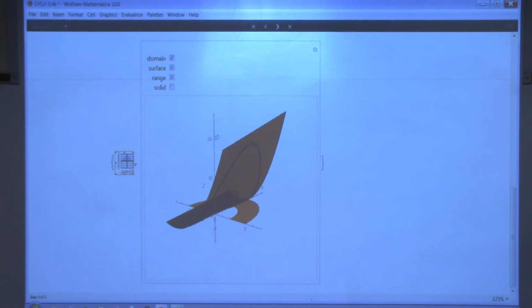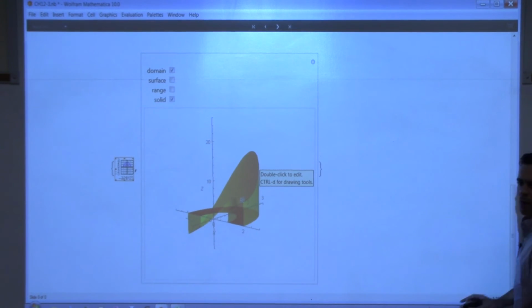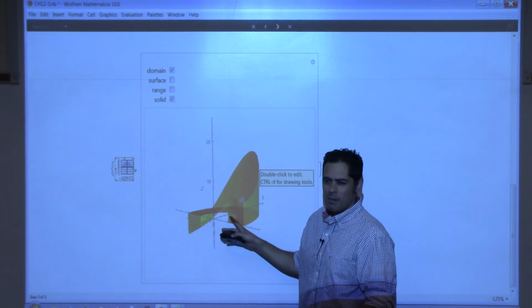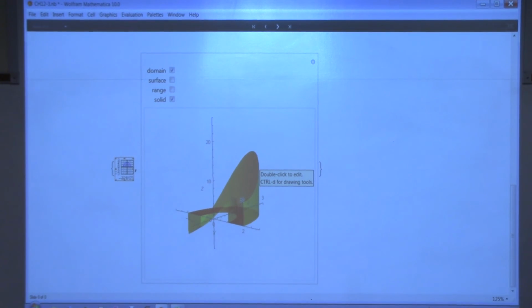Then if we bring in the solid that we tried to find the volume of, it's there, and I'm going to take everything else out. You can see that part of this solid was above the XY plane, part of it was below. But it looks like there's more above than below, right? So we should get a positive volume, and we did. We got 15 pi over 2.